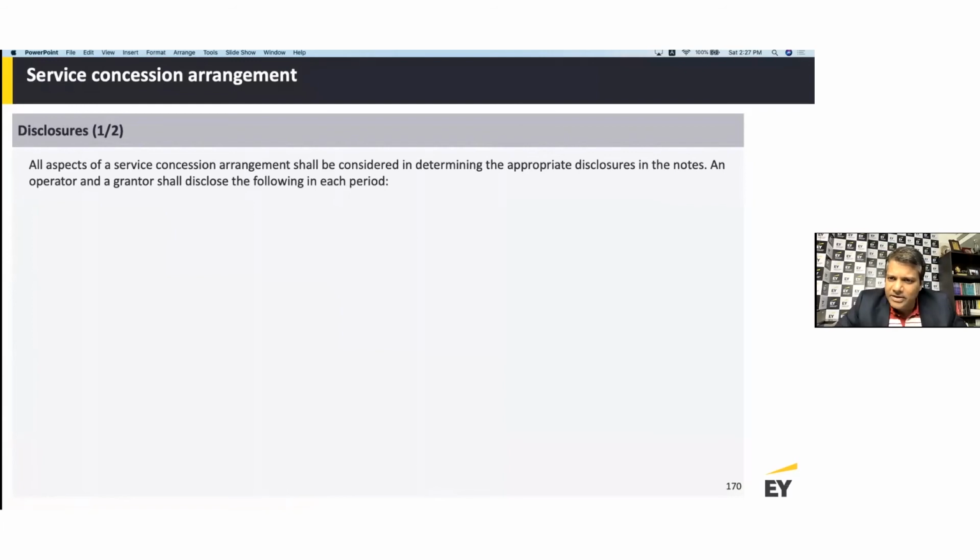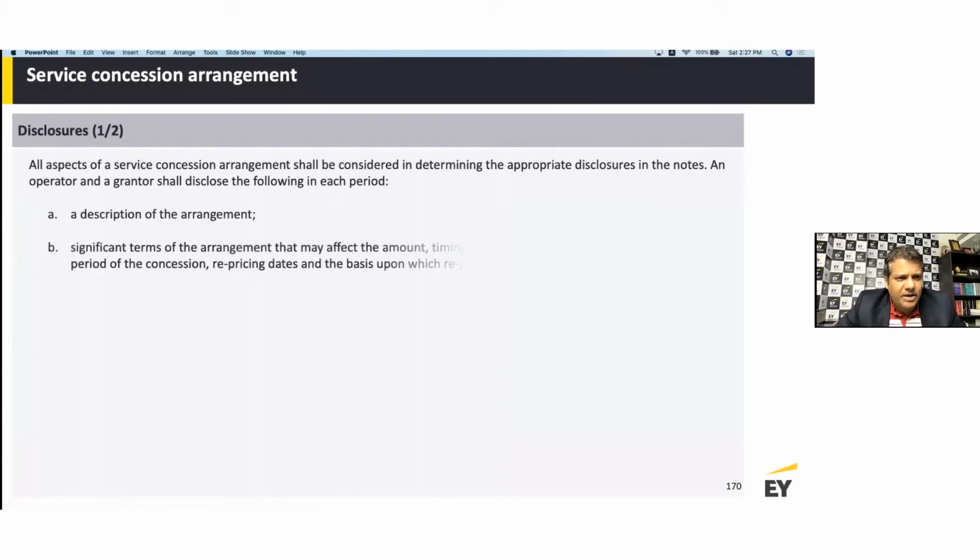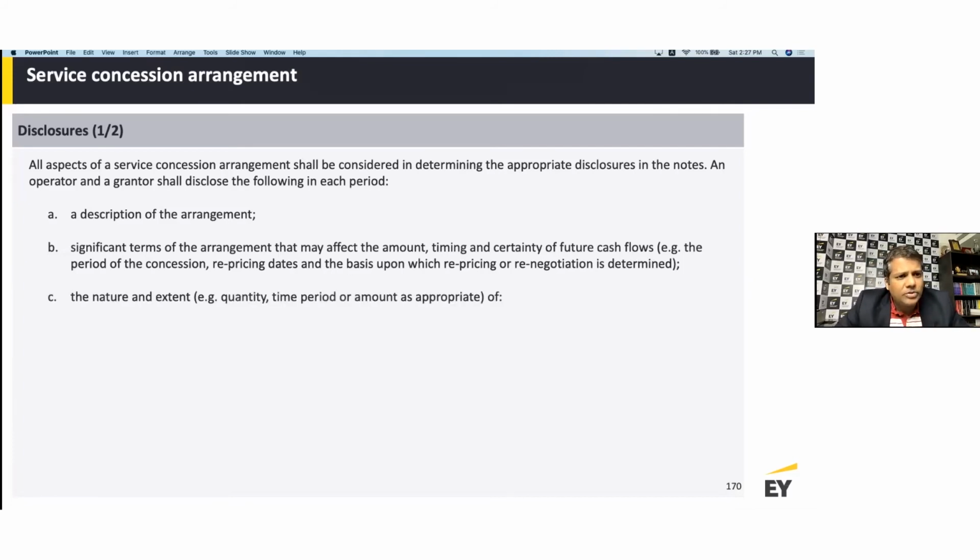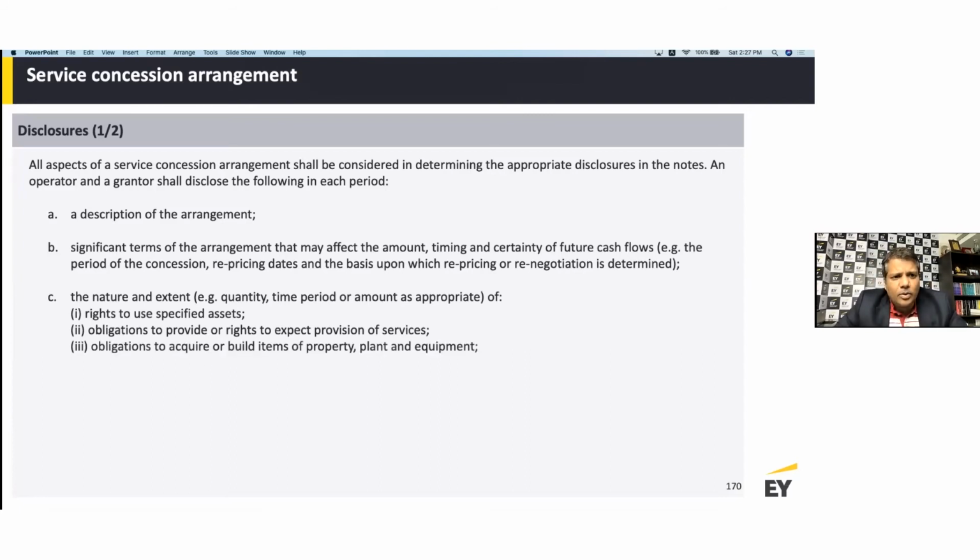A number of disclosures: description of the arrangement, and significant terms of the arrangement that may affect the amount, timing, and certainty of future cash flows, from where the money will come; we've got to disclose that. The nature and extent of the right to use the specific asset, like about 20 years, 30 years, 40 years. What are my obligations to acquire or build items?